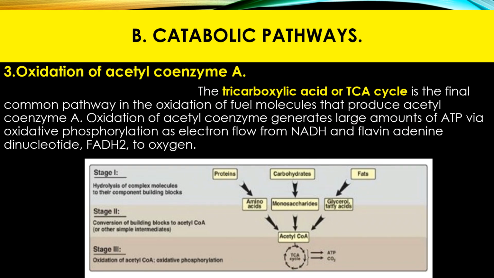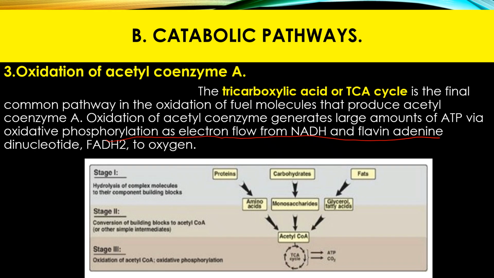So here is the same slide again, that the tricarboxylic acid cycle is the final common pathway in the oxidation of fuel molecules that produce acetyl coenzyme A. Acetyl coenzyme A generates a large amount of ATP via oxidative phosphorylation during electron flow from NADH and flavin adenine dinucleotide, and we all know that the energy can be obtained from NADH and FADH2 in the electron transport chain.